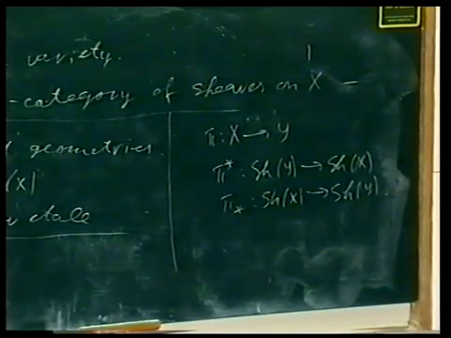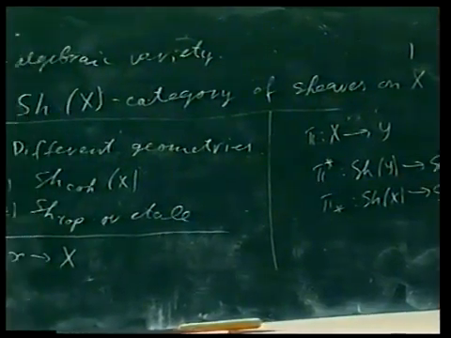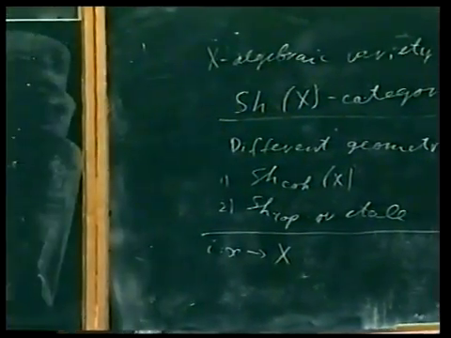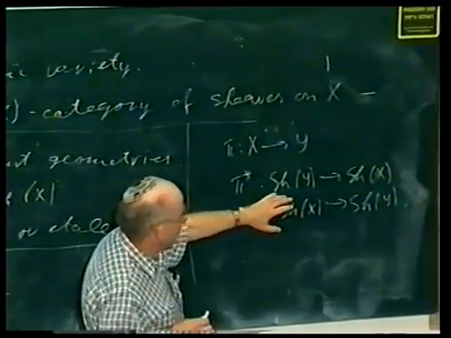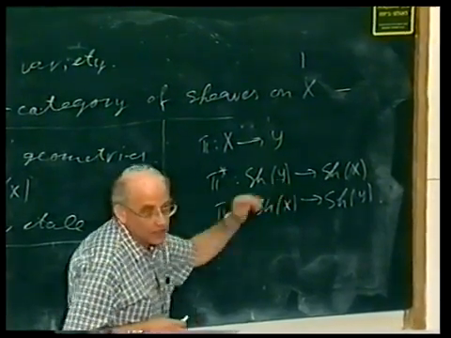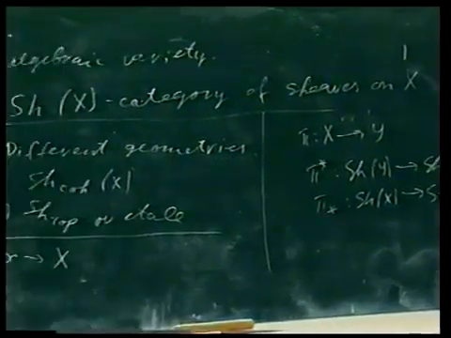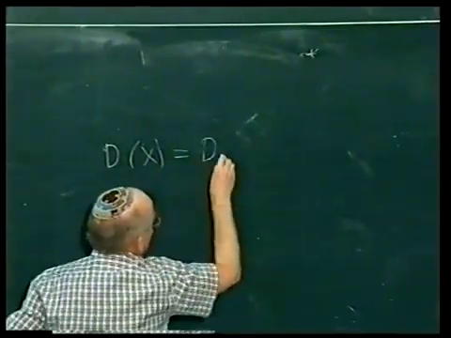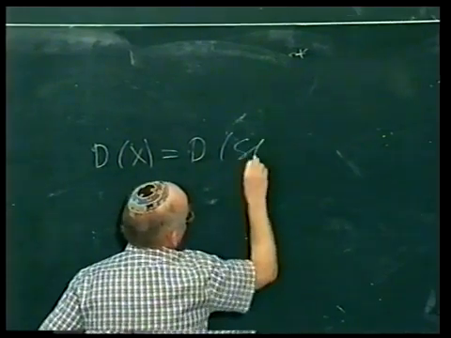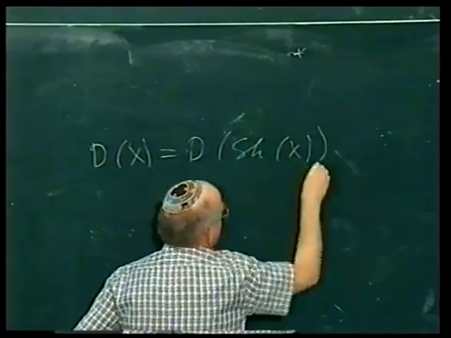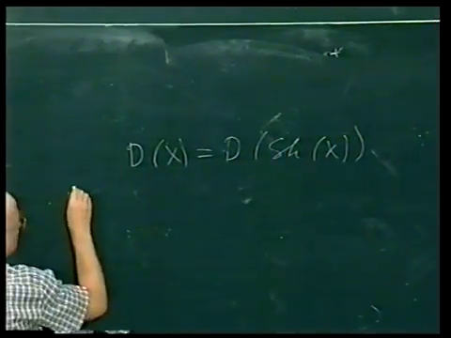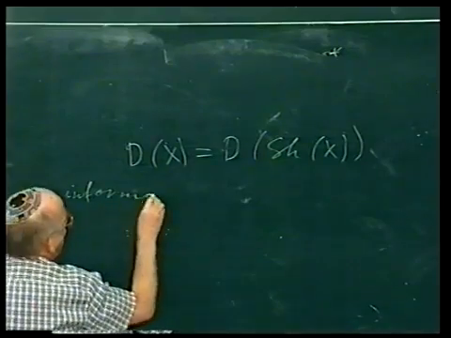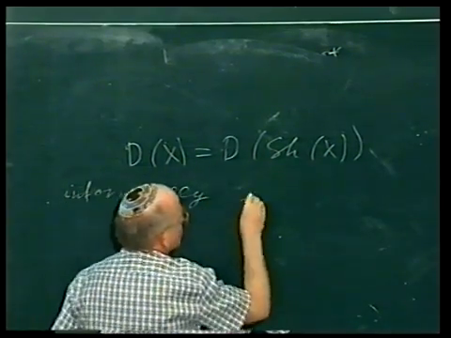So now, of course, very soon one finds that in order to define these functors, one has to pass to a slightly larger category, which is called the derived category. We have what's denoted D(X), the derived category of sheaves on X. So what is the derived category?